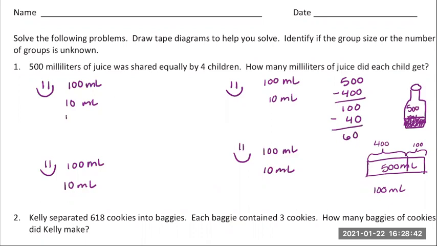I could do 10 more. That uses up another 40, and I have 20 left. So if I have 20 milliliters, I can't do 10 anymore. I could do ones if I wanted to and give 1 milliliter to each person. That seems kind of silly when I know if I have 20 and then 4 people, I can give 5 to each person.